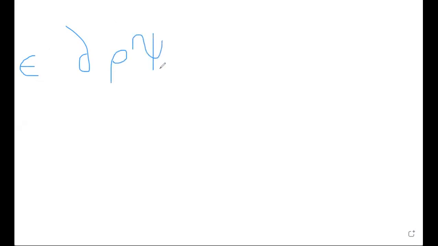I had written an x j here, but I'm going to change it to i, just because I realized that that's different from what I had done when I first introduced the epsilon ijk.